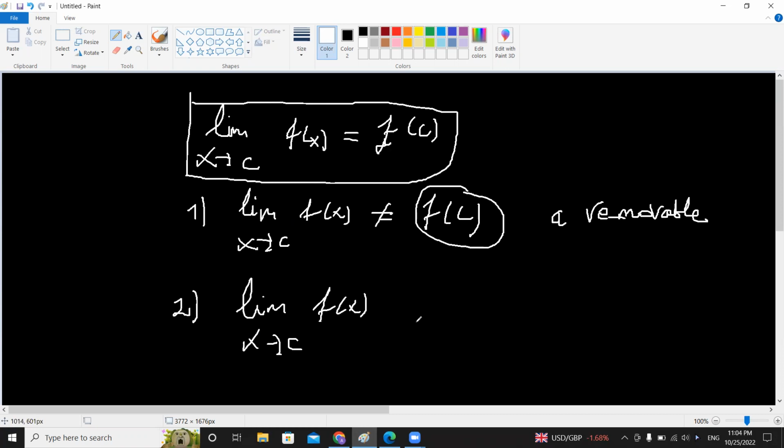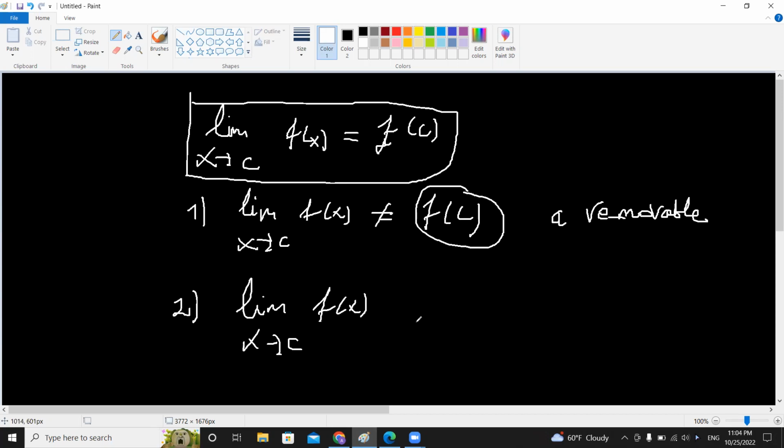First of all, there can be a left side limit and a right side limit. They might exist, but they might not be equal. We know that if the limit exists, then the right and left limits should exist and they should be equal, and vice versa.